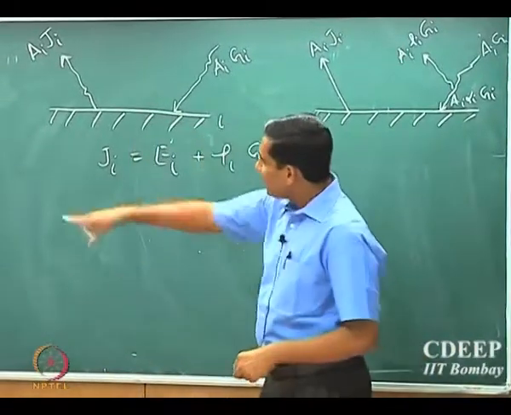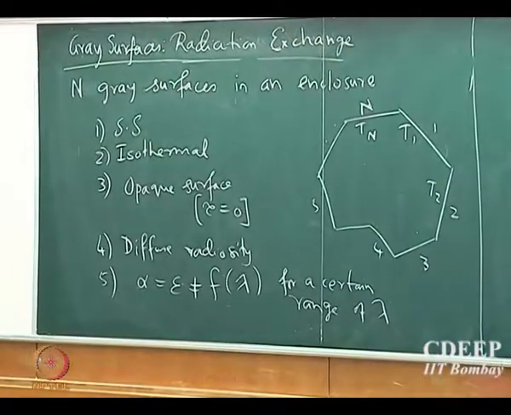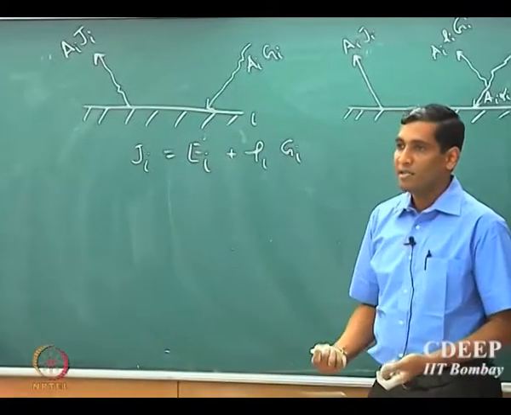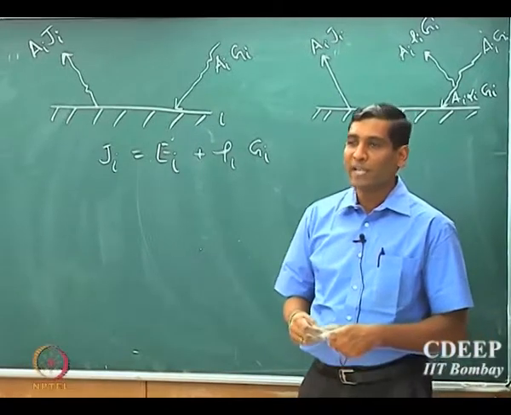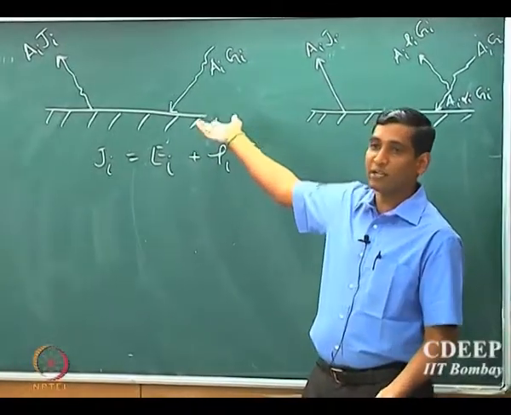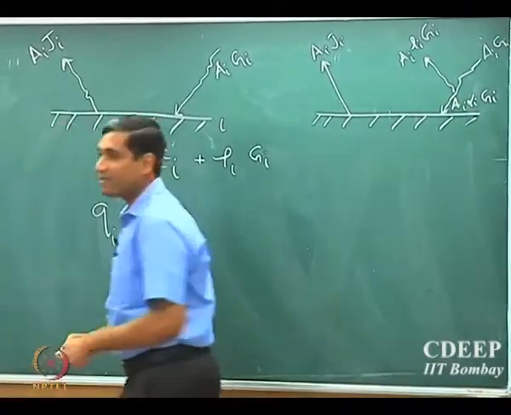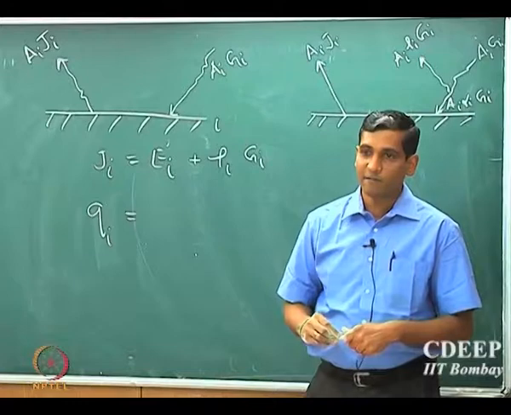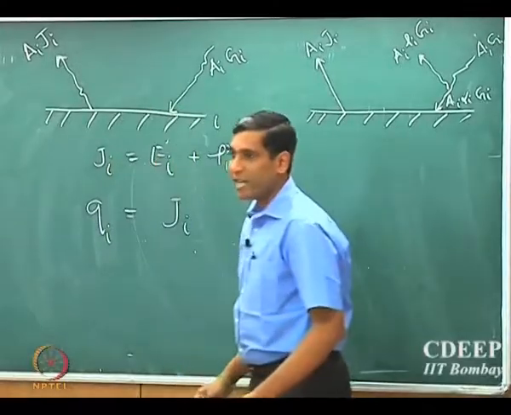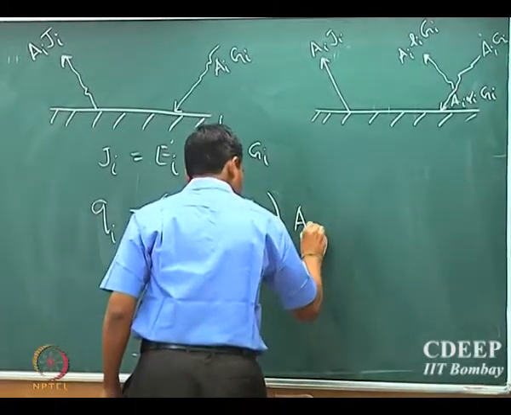Supposing I want to maintain isothermal conditions, where the surfaces are maintained at a certain constant temperature, then there has to be some amount of heat either removed from the surface or supplied to the surface depending upon the radiation exchange. So Qi, the net radiation exchange at the surface, is given by the net emission minus Gi into Ai.